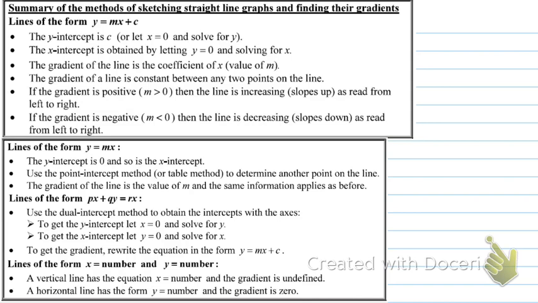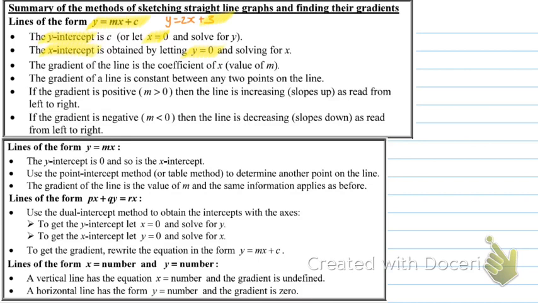Then the summary of sketching straight line graphs. How do I sketch a graph in the form y is equal to mx plus c? Say for instance I have y is equal to 2x plus 3. First I find the y-intercept, that's the c value, 3, or I can let x be 0. The x-intercept is obtained by letting y equal to 0.